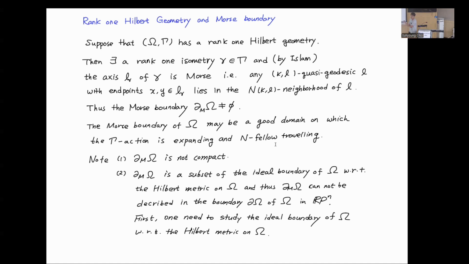That means there is something there. But anyway, it is not compact, and we don't know what the Morse boundary of a rank one divisible domain is. If we describe the boundary, then we may test whether the action on the Morse boundary is hyperbolic or meandering-hyperbolic.